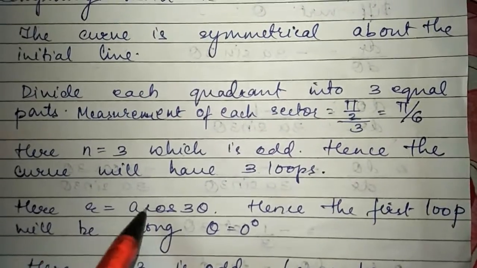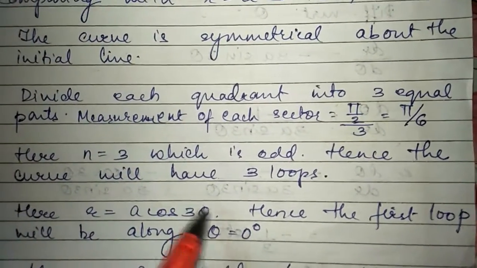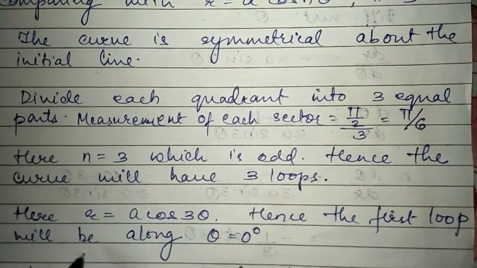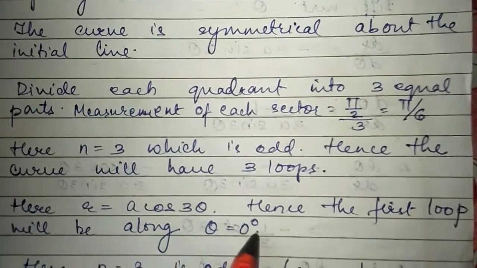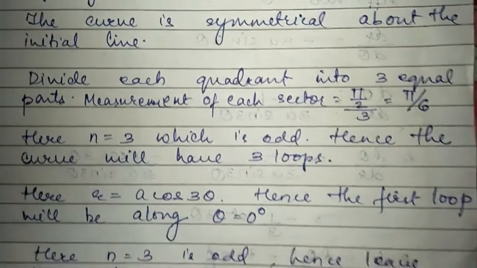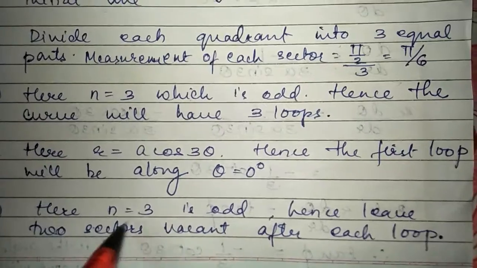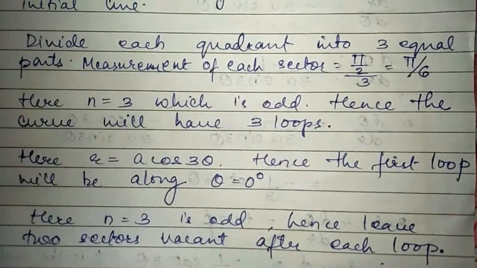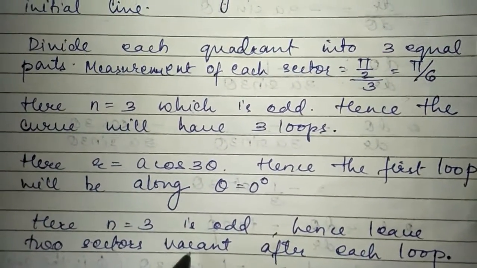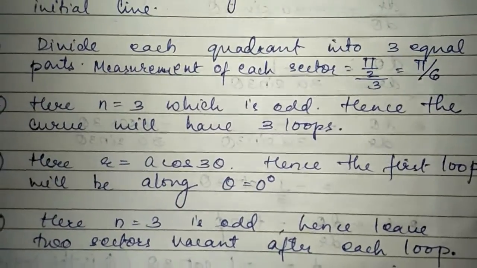Next, r is a cos of 3 theta, hence the first loop will be along theta is equal to 0 degree. Then n is 3, which is odd, hence we have to leave 2 sectors vacant after each loop.